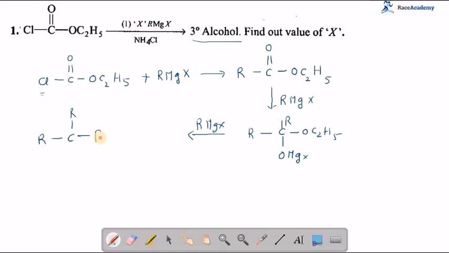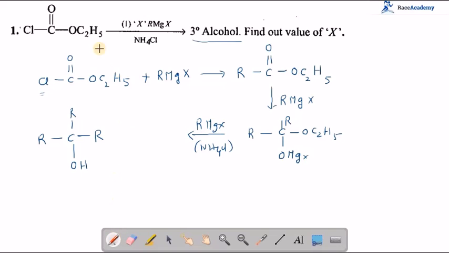This will also be R. After hydrolysis it will get OH, so it will be treated with NH4Cl here.